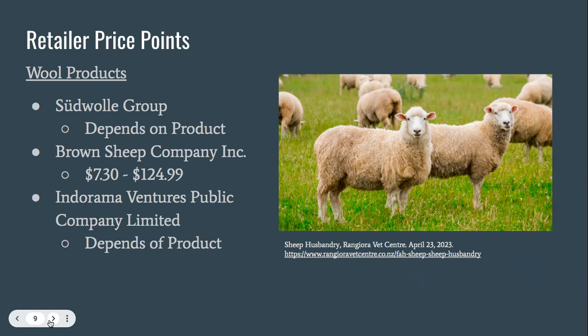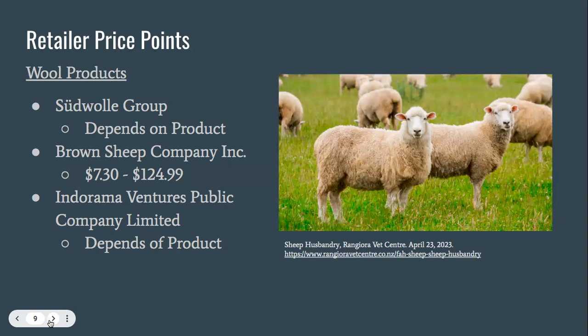And then for Brown Sheep Company, it starts from $7.30 and then it goes up to $124.99. And then this company specializes in wool, like yarn wool. So obviously if you want just one little stock of yarn, it's going to be less expensive and a little bit more affordable rather than buying in bulk.